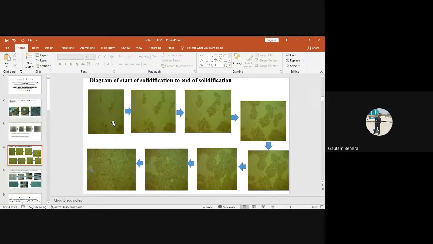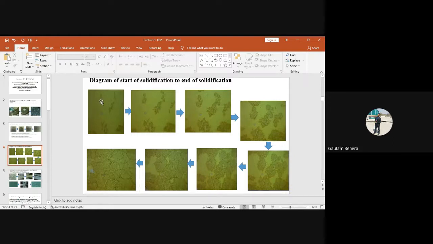You have to remember this. You have a liquid metal. Now a crystallite nucleus forms at a random position inside the liquid, which is nothing but a solid particle. Then you can see these crystallite nuclei start growing. They have increased in size.